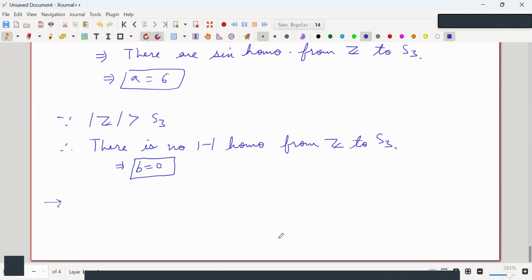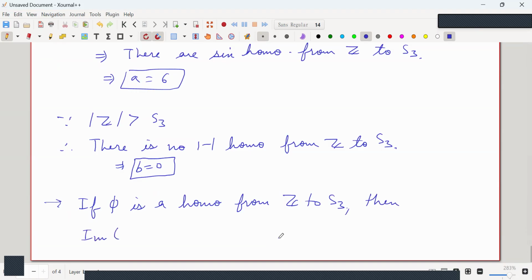So if phi is a homomorphism from Z to S3, then the image of phi will be nothing but the subgroup generated by phi of 1, right?